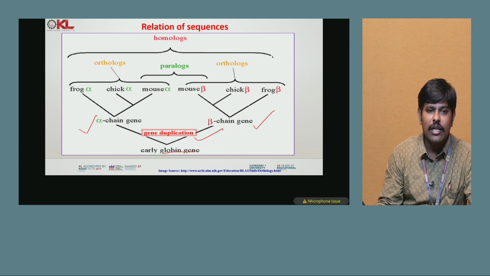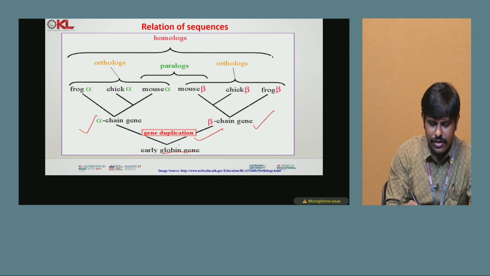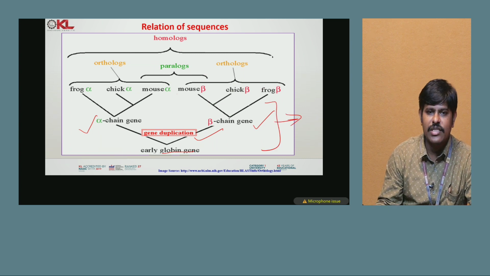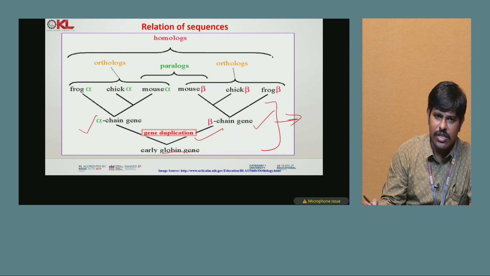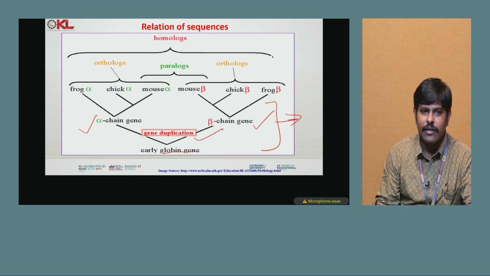From the species where this preliminary gene sequence existed, three different species have arisen: frog, chicken, mouse. So three different organisms from a common ancestor.